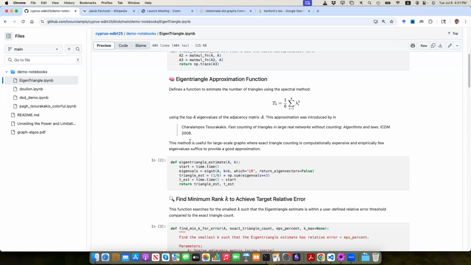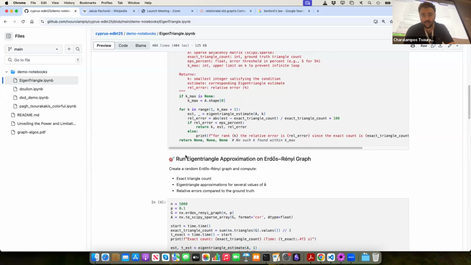It computes the eigenvalues in a sparse way, so you don't need to compute all of them. You can compute just a small number of them very efficiently using matrix-vector multiplication. So this is an efficient step. And then you take the sum of those eigenvalues cubed and divide by 6, and this is your estimate. So let's see how this works.